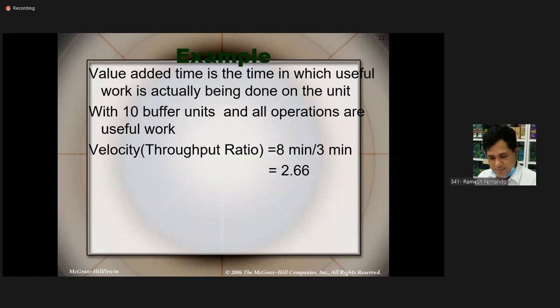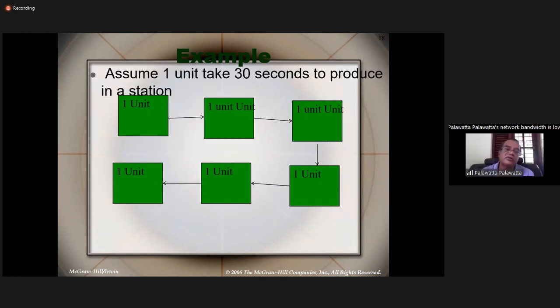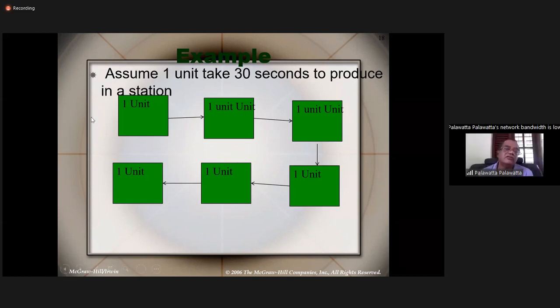Excuse me. How can you take the 3 minutes as a value added time? Here, in this example, let's say a new unit, a new order, comes in.